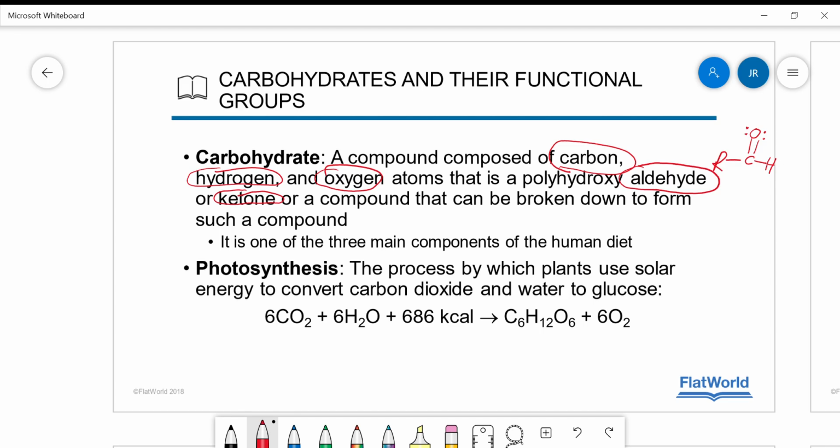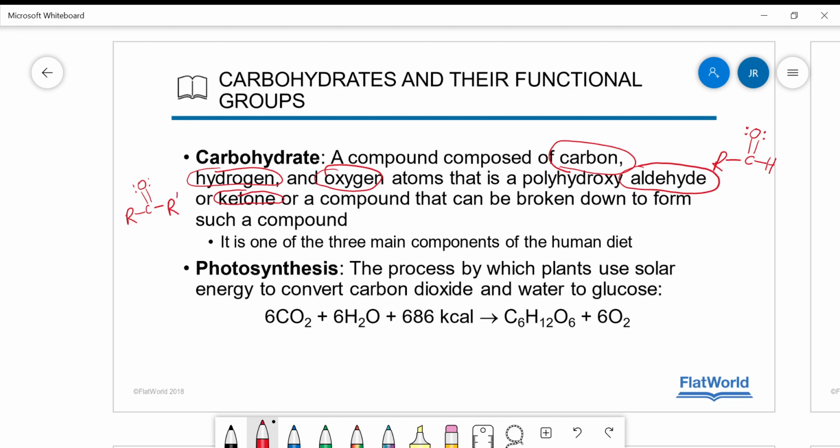So we have this important feature here for the aldehyde functional group, and a ketone functional group over here is similar to an aldehyde. It has R double bond to oxygen, but instead of an H, it has an R again. Now the R's can be the same or they can be different.